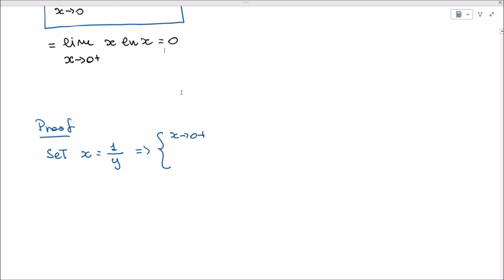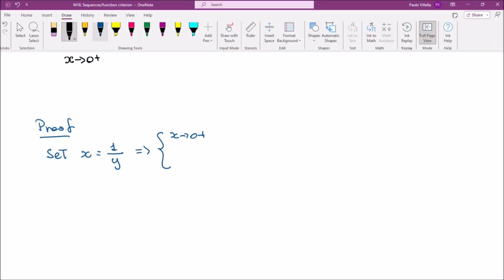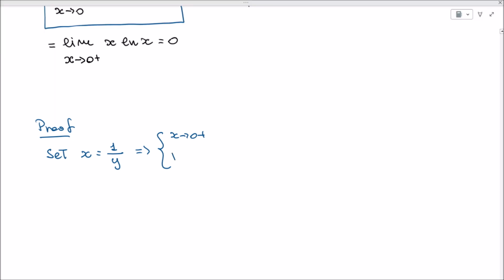Now if we have that x goes to 0 plus, y will diverge to plus infinity.